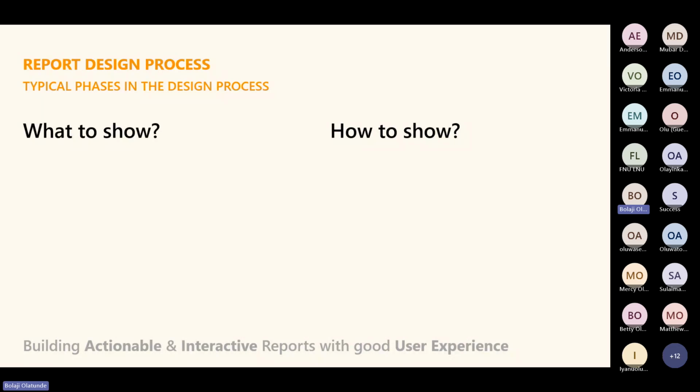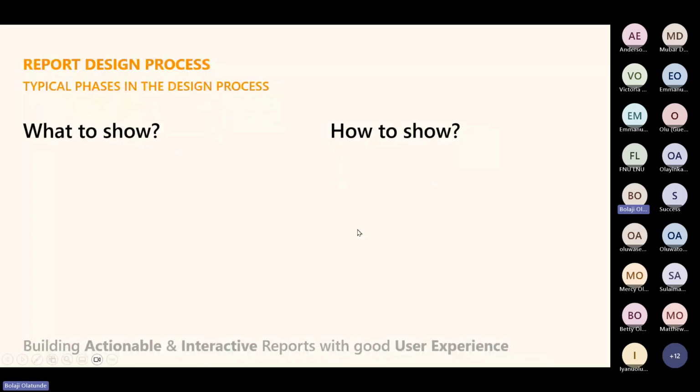Now, the last two sessions that were taken by Nonso, I'm very sure, very beautiful sessions, we have covered a lot of things about designing dashboards, designing visuals, that carry over to some of the things that we're going to be talking about here. So, what to show?